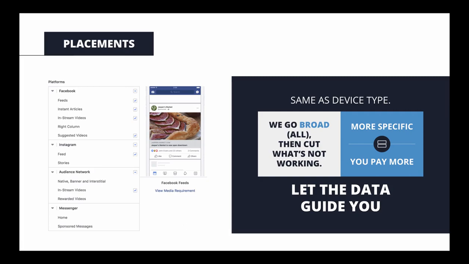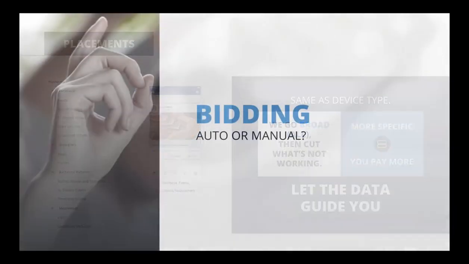And sometimes I just won't do anything, because if you don't do anything, generally what Facebook will do is they'll push all the traffic over time to whatever the placement is that gets the best results. So you really don't have to overthink it. And I keep repeating this, but you can let Facebook do the heavy lifting and just let the data guide you.